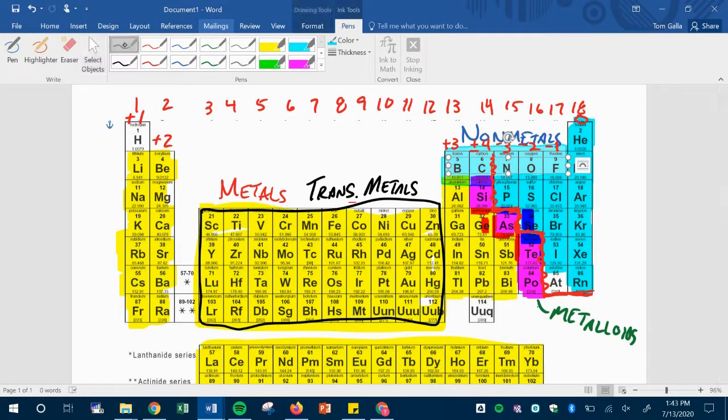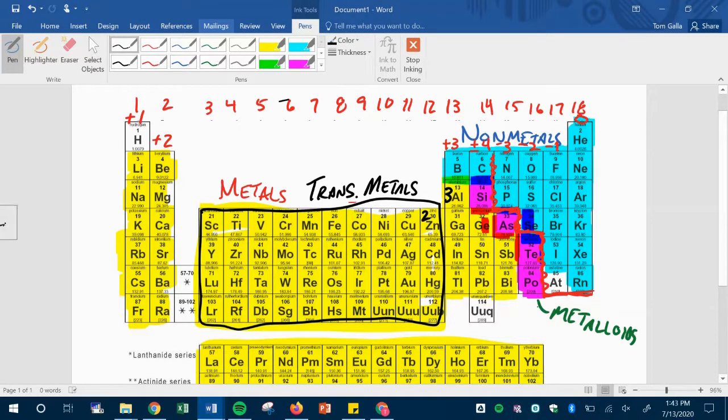So the way that I like to think about it is it goes 3, 2, 1, kind of at a nice downward angle. So aluminum is plus 3, zinc is plus 2, and silver is plus 1. So that's a helpful little way to at least remember zinc and silver's charge.